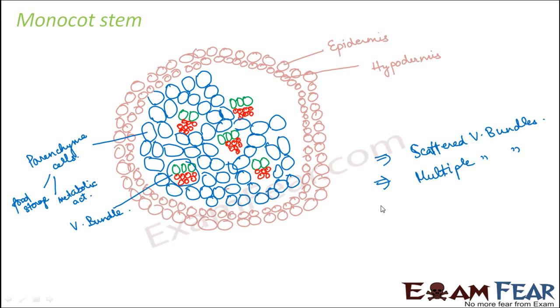And also there is no cortex here. What about the pith? The pith is made up of parenchyma cells here. Even if you look at the central region, it is all full of parenchyma cells. And again here there is no cortex, right? So it is relatively simpler than root if you compare it with a monocot root.